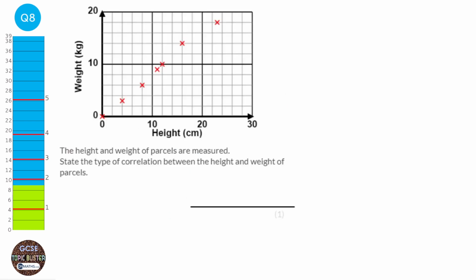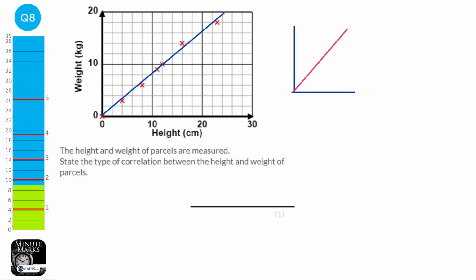So we can quickly draw a line of best fit for here, and it looks something like that. And if our line of best fit is increasing like we have here, then we say the data is positive. If, however, the line of best fit is decreasing and looks like this, we say that it's a negative correlation.